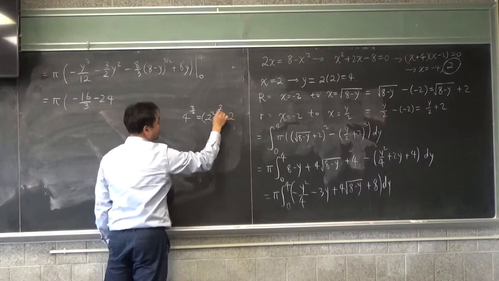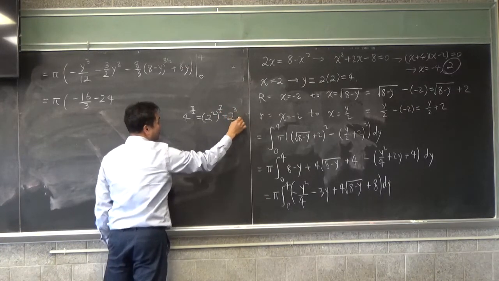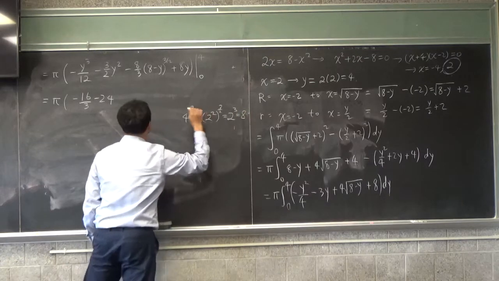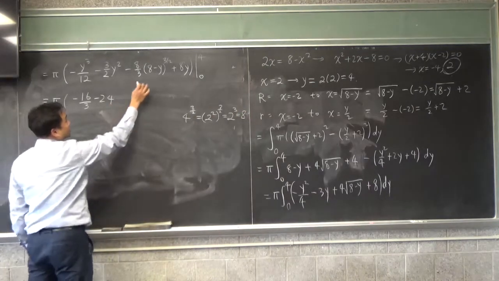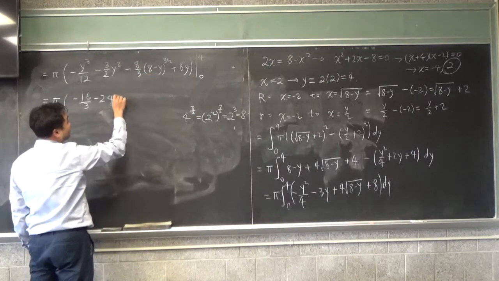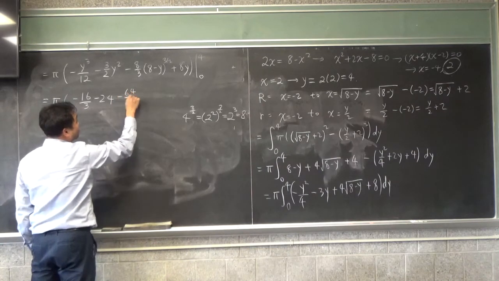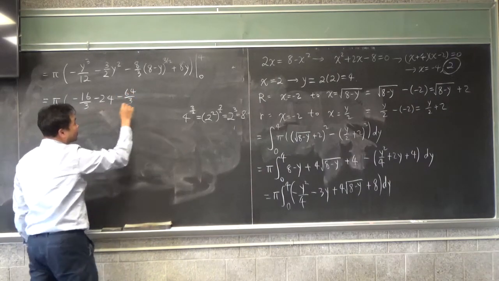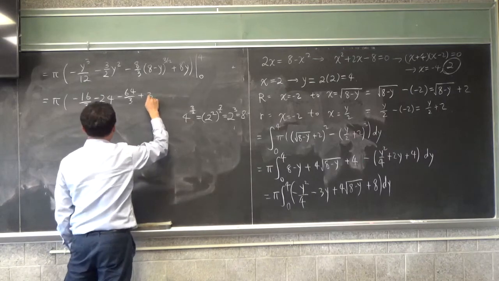So these multiply, so it's going to be 2 to the 3rd power, which is 8. So that's going to give you 8. 8 times 8 is 64 over 3. And then 4 times 8 will be 32.